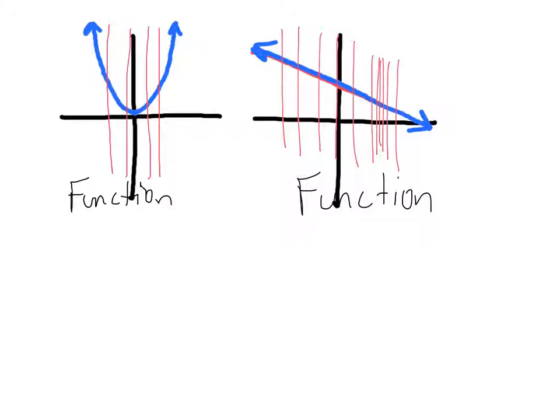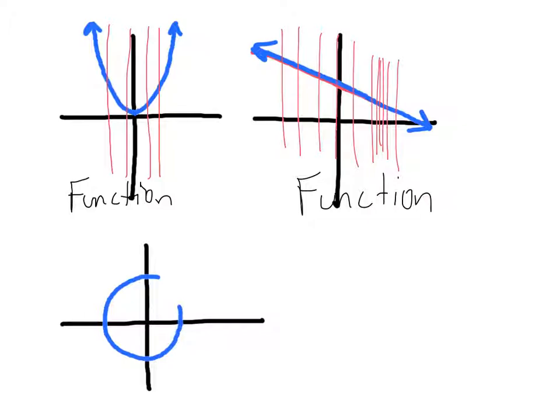What about, let's see, we dealt with circles in this class. What about a circle? No, because it would intersect. It's not a function. Given a circle, you're saying not a function. I agree with you.